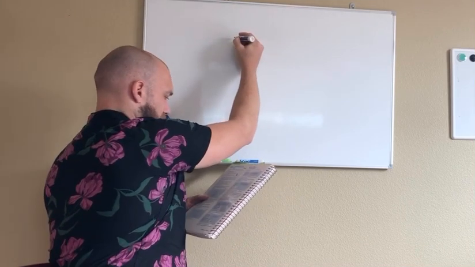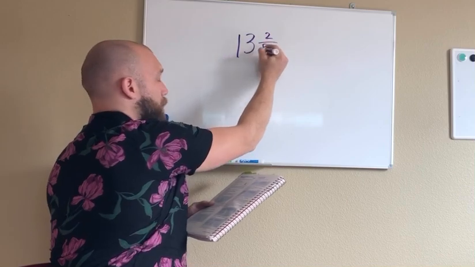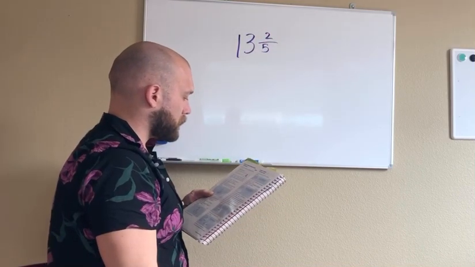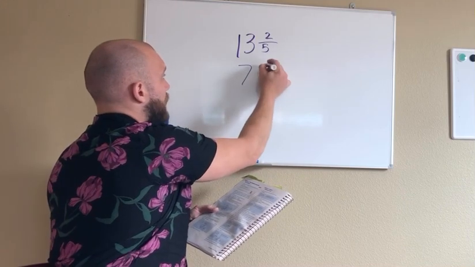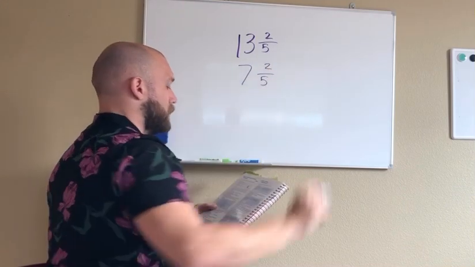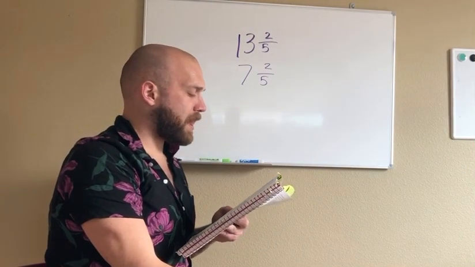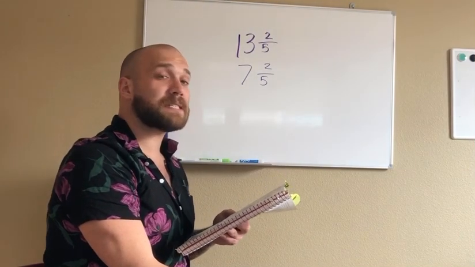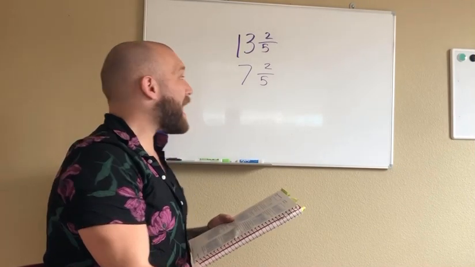Tom had 13 2/5 apples. Al had 7 2/5. The key to this equation is how many pounds of apples did the men have together? Our key word is together, meaning we're going to add.